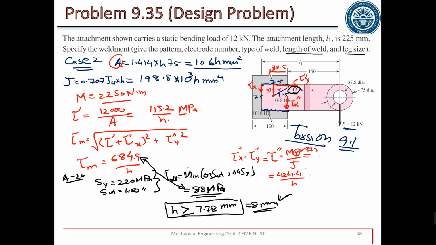You can give the remaining also here. h is equal to 8 mm, length is 150 mm. Type of weld is parallel, case 2, table 9-1. Electrode number.